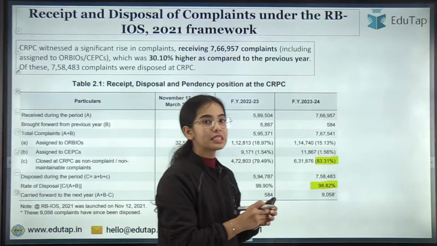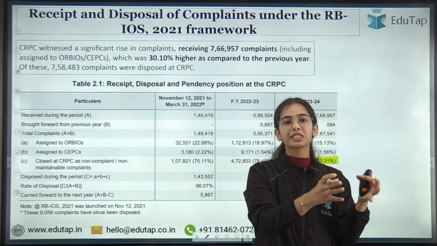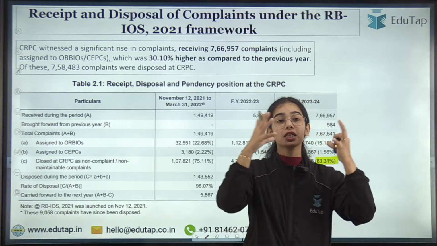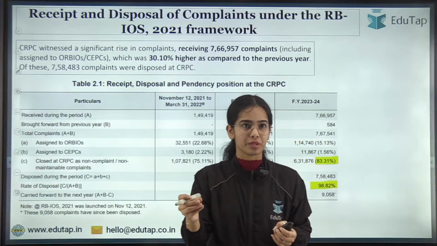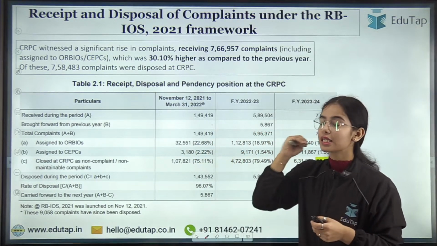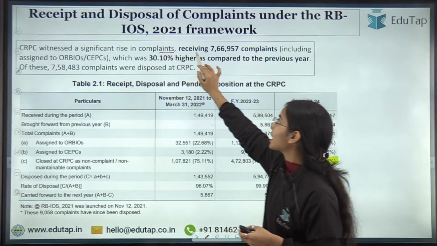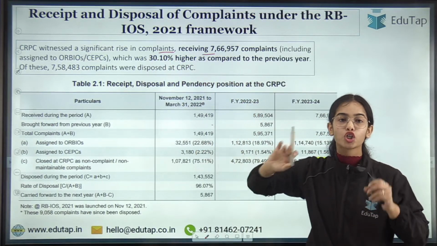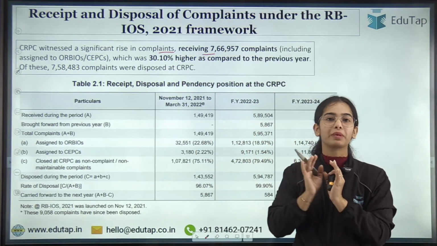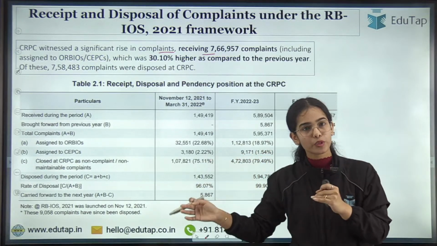But now we will see the numbers from the perspective of how many total complaints were received by the CRPC. The CRPC witnessed a significant rise in complaints received. Here we are not talking about the disposed complaints or the complaints under processing.